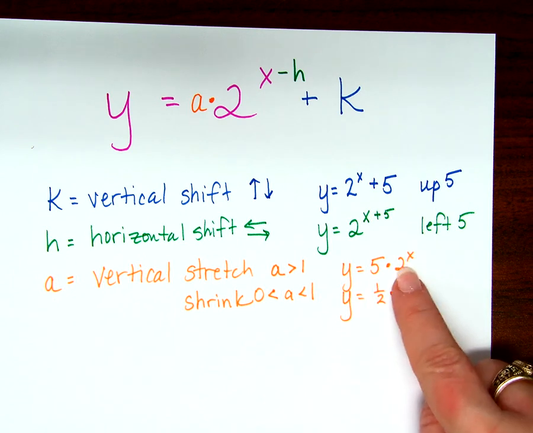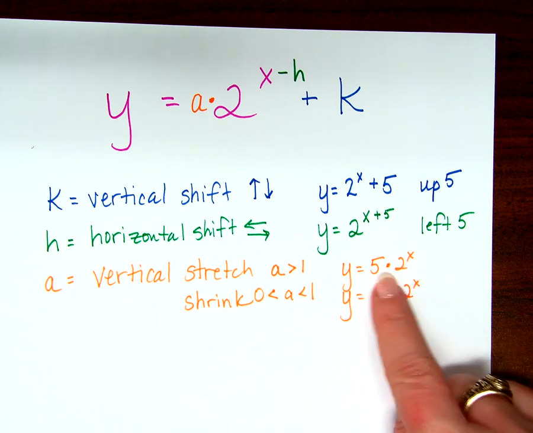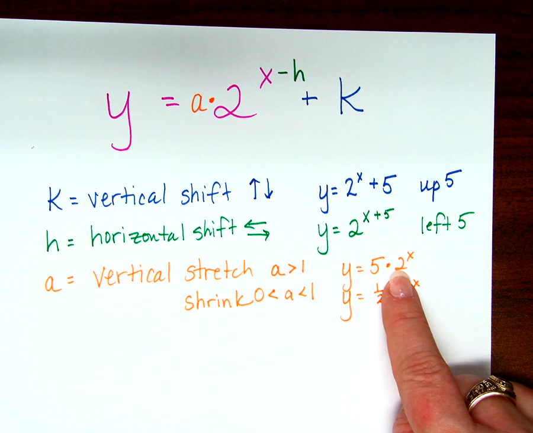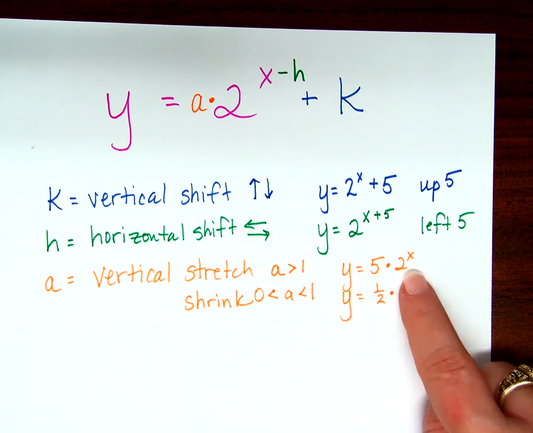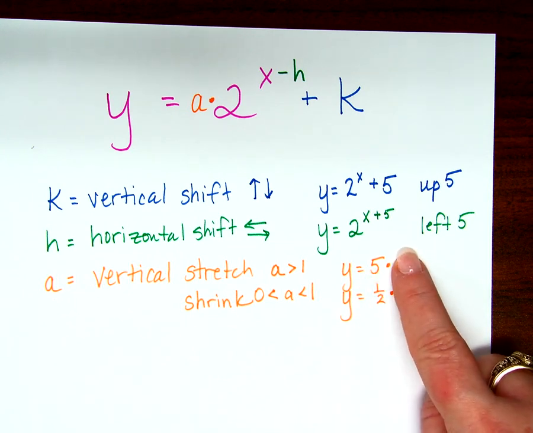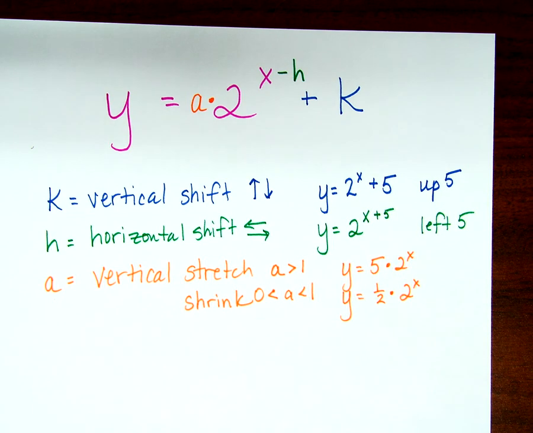In order of operations, exponents come before multiplication. I can't say this is 10 to the x. If I do, I've changed the whole problem. We have to be patient with ourselves and know that transformation-wise, this causes a stretch, and this right here is the parent. Does that make sense? High five. Perfect.